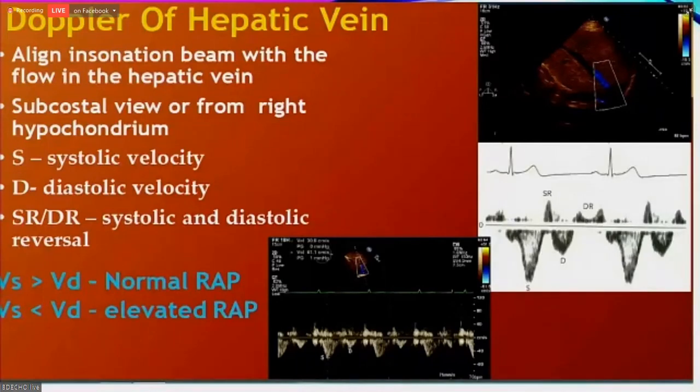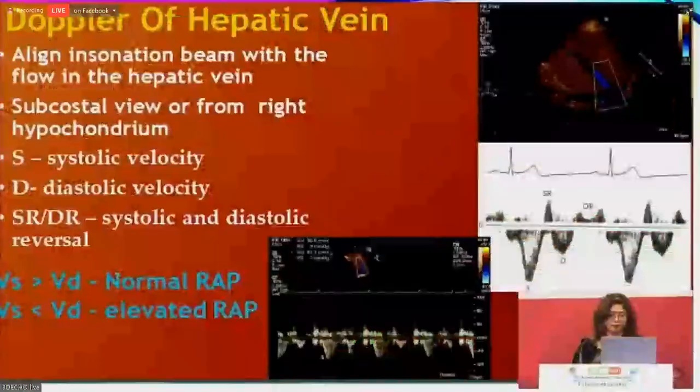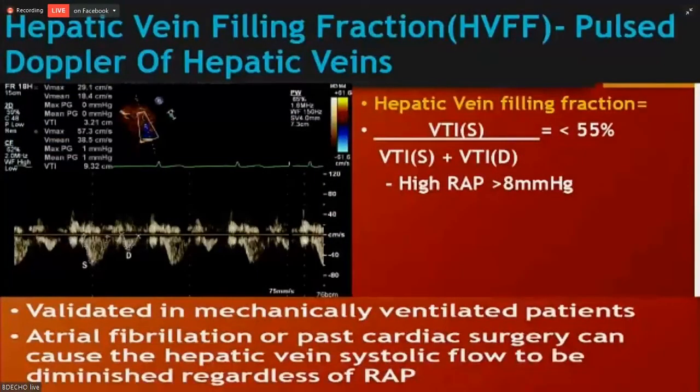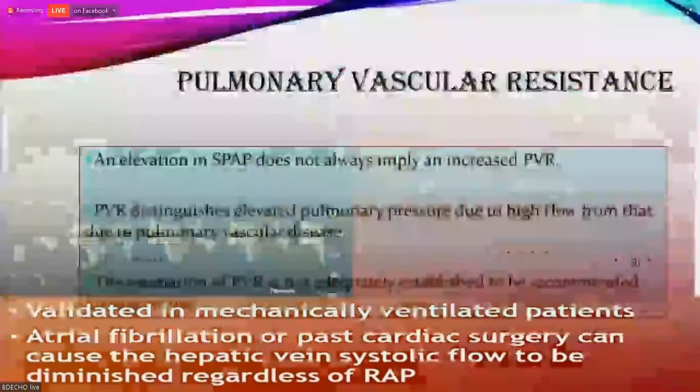Normally, if Vs is more than Vd, it is normal RA pressure. If the systolic flow is smaller, it indicates elevated RA pressure. Another thing, hepatic vein filling fraction. Less than 55 indicates a higher RA pressure, more than 8. I won't go through that.